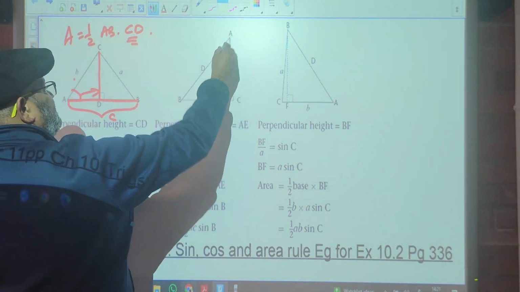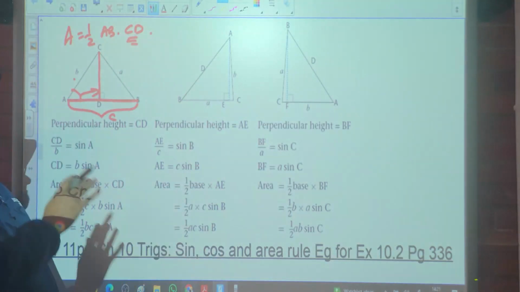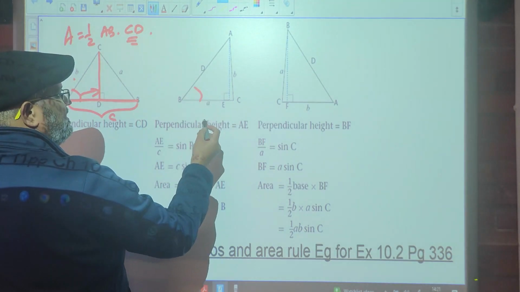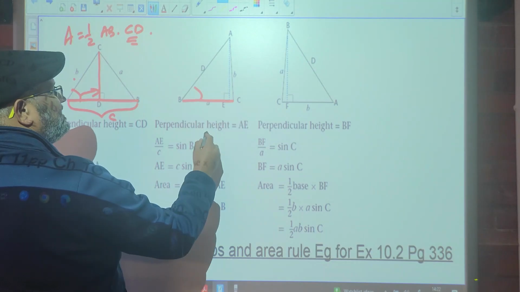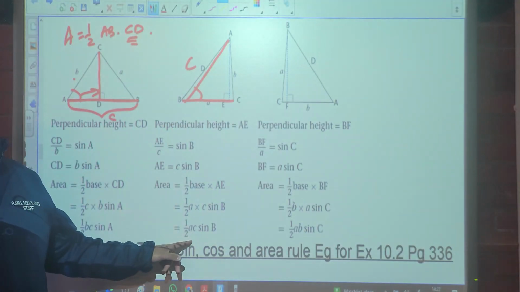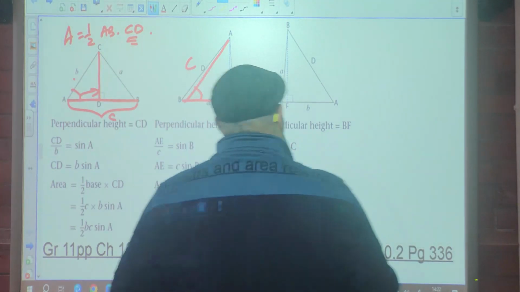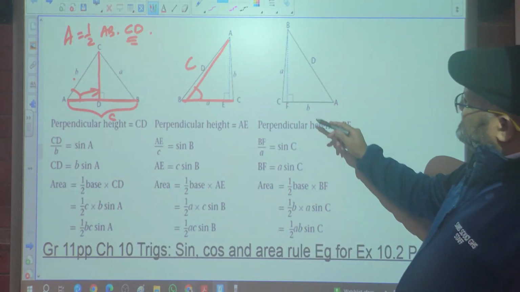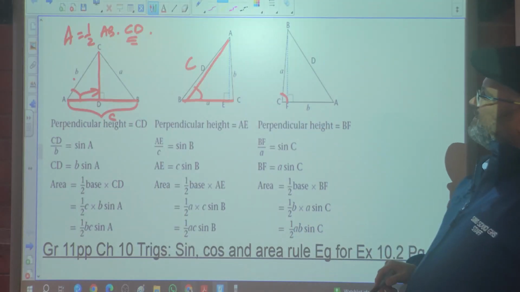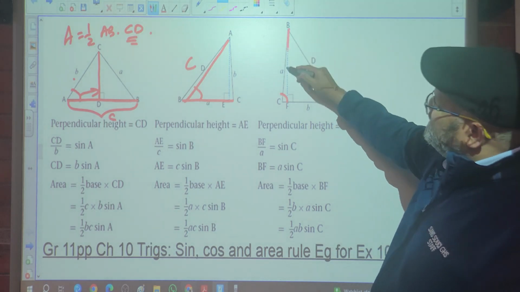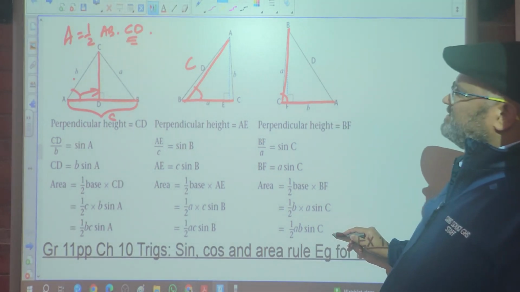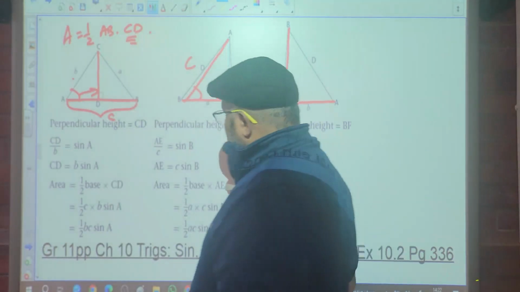If we go with this triangle here, on the same train of thought, if you have angle B, it's simply going to be half ac sine angle B. If you're working with angle C, that will simply be half ab sine C. So what do we notice in all these cases?